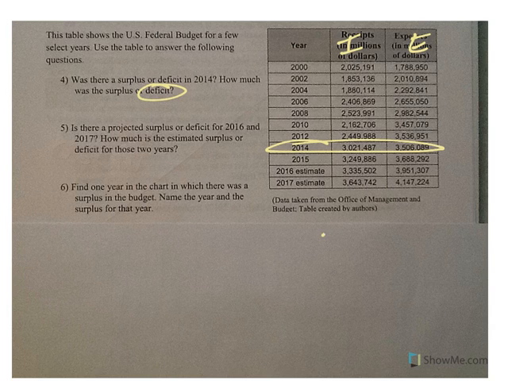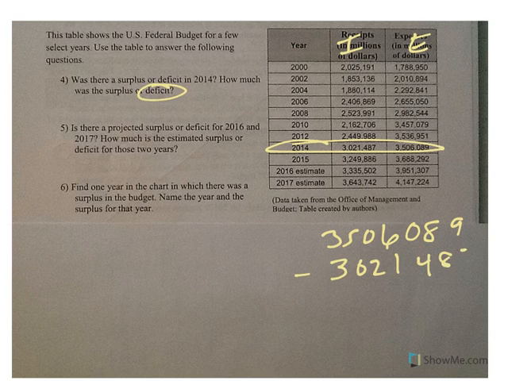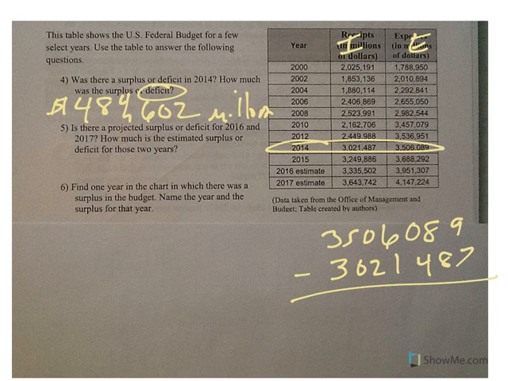Well, if I subtract, and I'm not going to write all of these out, but basically to find how much you subtract. So when I subtract these, I find out that I have a deficit of $484,602 million. You've got to add the word million because all of these are in millions of dollars. So you would move 6 decimal places to the right if you want to find the total answer there, like in standard form.